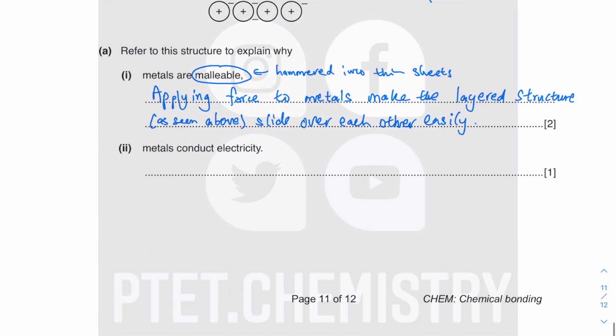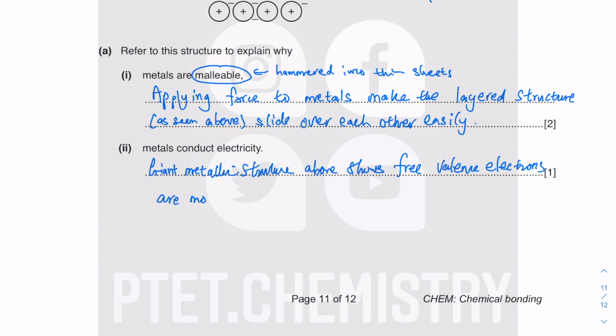Why do metals conduct electricity? Well, because the structure shown, the giant metallic structure above, shows free valence electrons that are mobile, or can move, therefore can conduct.